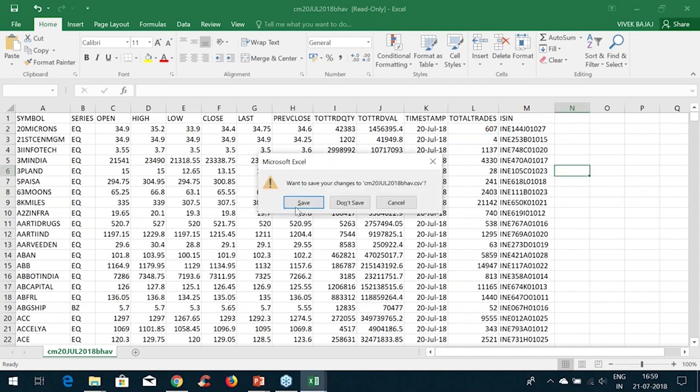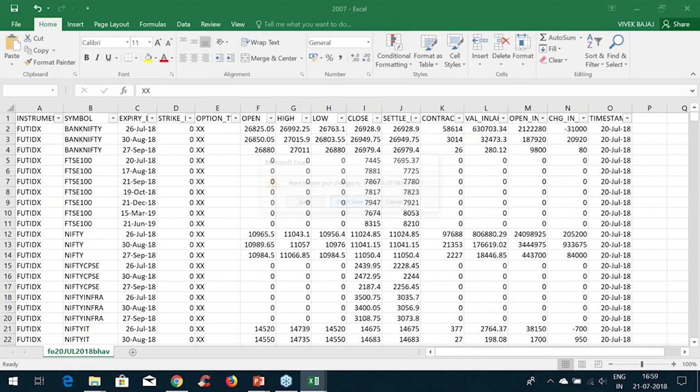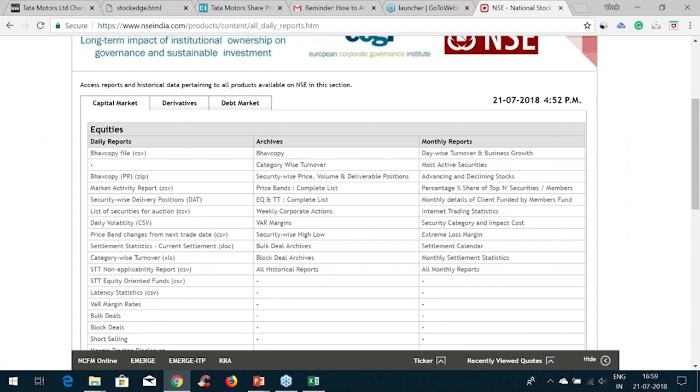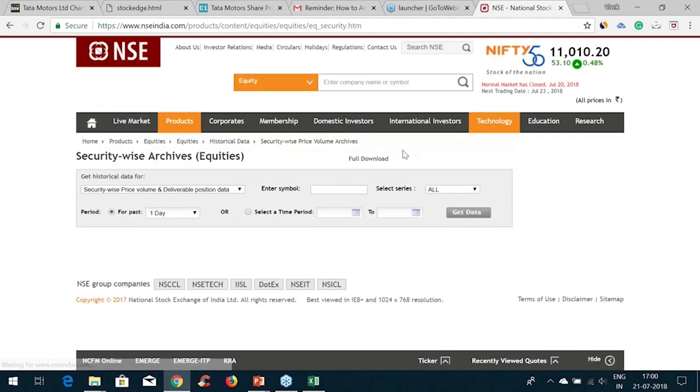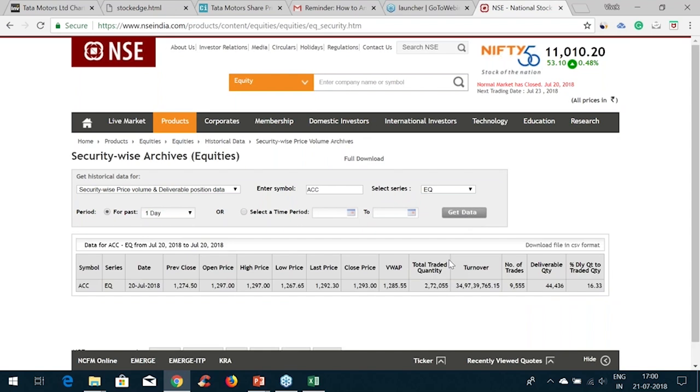I close this. I go to the NSE website again. In the cash capital market section, there is something called security-wise price volume data. Security-wise price, volume, and delivery position data. If I click here and put any symbol, say for example ACC, and select EQ for the last one day, this is the output on the screen.